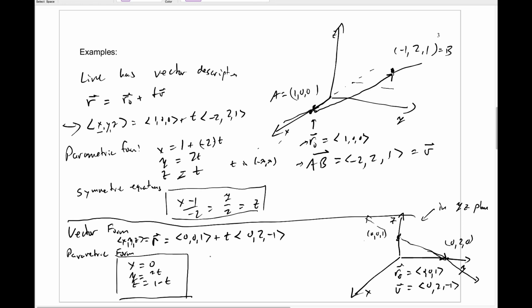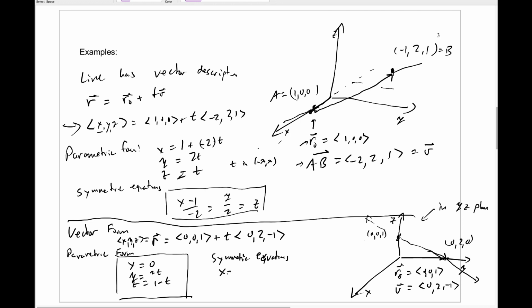And finally, if we want to get symmetric equations, always remember symmetric equations should give you two equations. Now, normally, if the direction vector has all non-zero entries, those two equations can be written in this nice form where something equals something equals something. But in this case, you'll see you can't solve for t in that first equation.